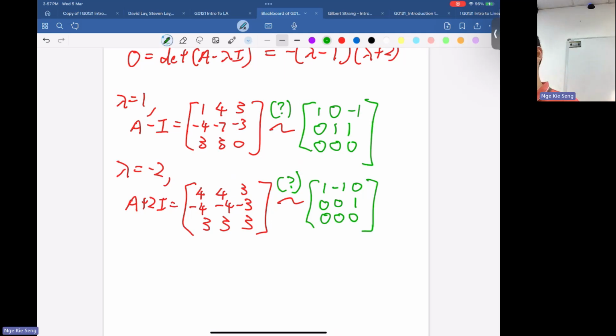I'll give you time to do row reduction. So try and verify if you get these two earlier.